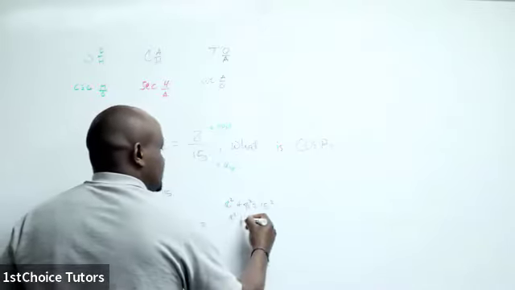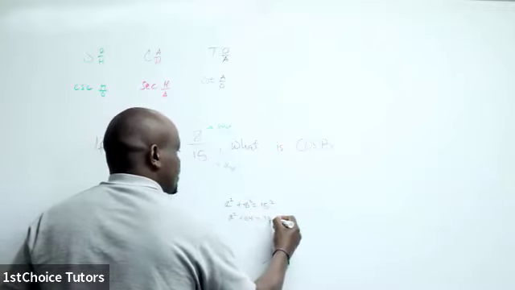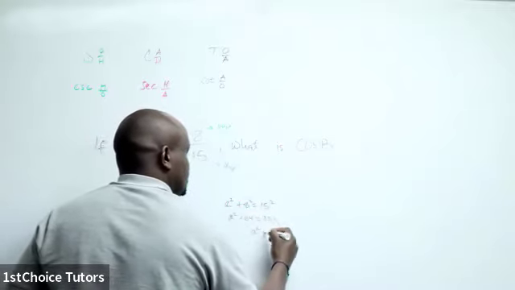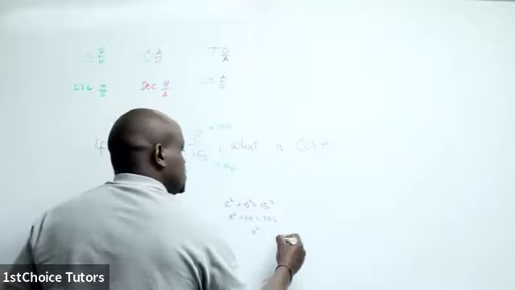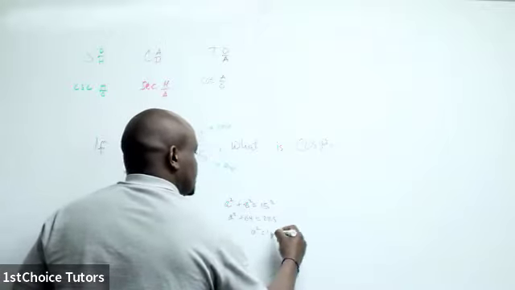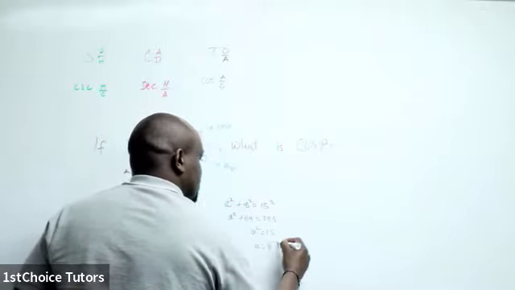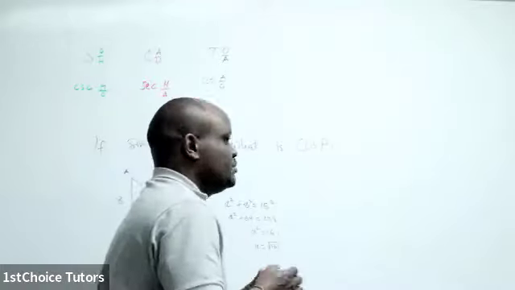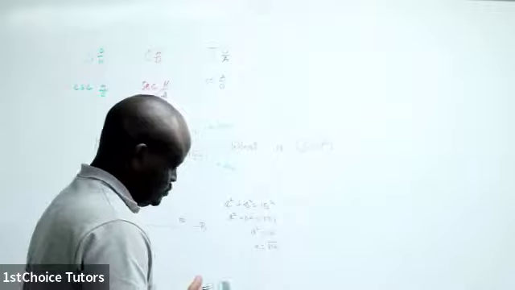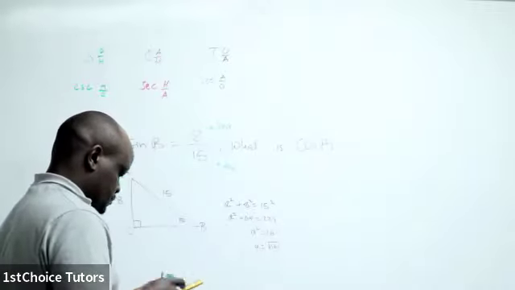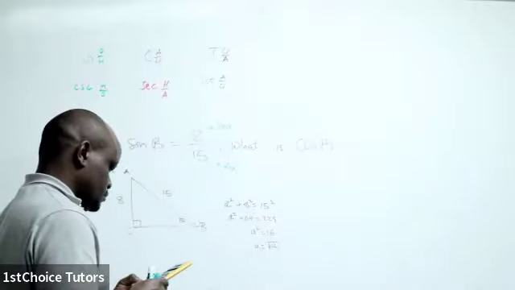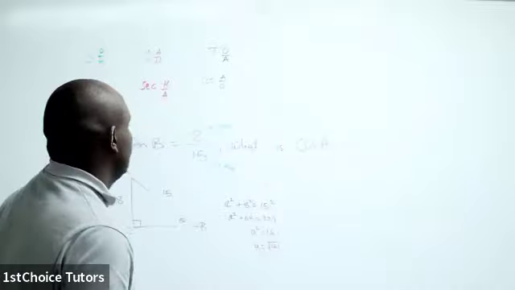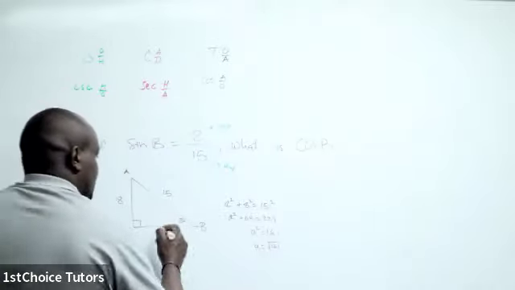A squared plus 64 equals 225. A squared equals 161. So a is the square root of 161. It cannot be simplified. Let me double check it. Yeah, you can't simplify, it's prime. I hate these horrible looking numbers.